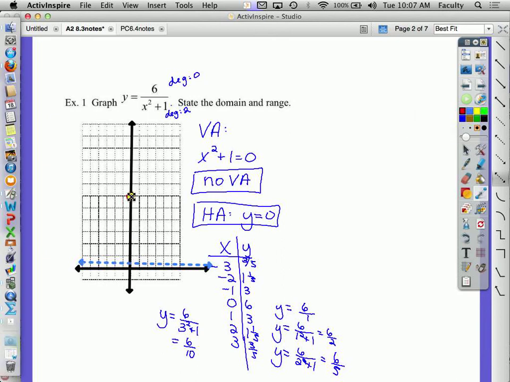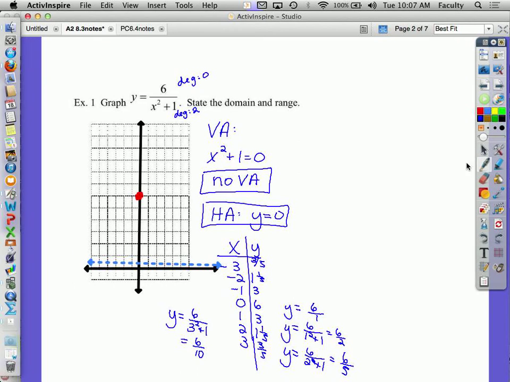Here's 0, 6. I have 1, 3, but I also have negative 1, 3, so use that symmetry. I have 2, 1 and 1/5, negative 2, 1 and 1/5, and then 3 is 0.6 or 3/5. And then watch this one. It reminds me of a volcano. You need to make sure you're including a table of values.